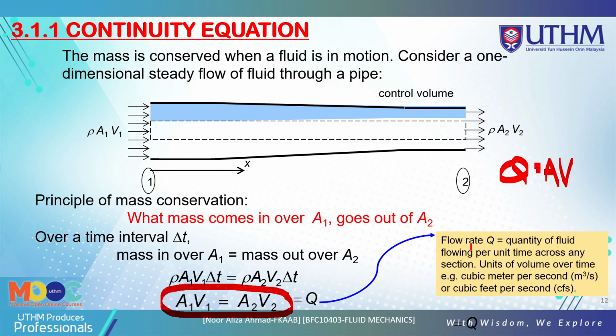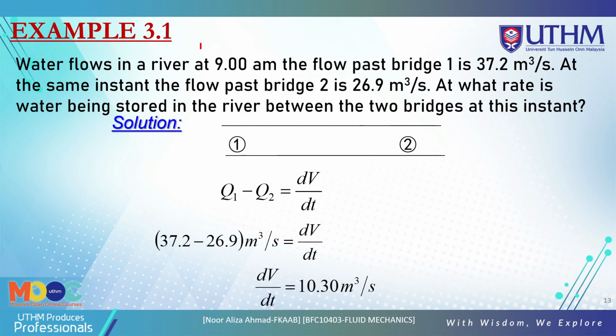The flow rate Q is the quantity of fluid flowing per unit time across any section, so the unit is volume over time, for example cubic meter per second, or cubic feet per second, CFS.